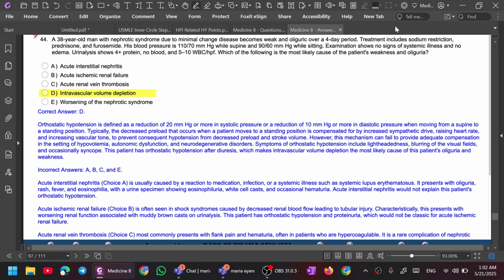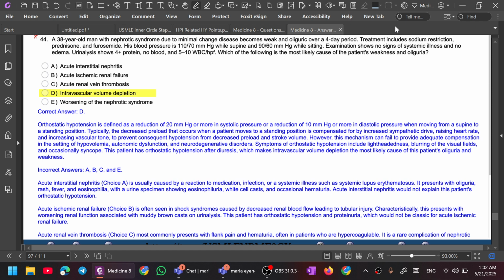It's intravascular volume depletion. Orthostatic hypotension is defined as a reduction of 20 or more in systolic BP or a reduction of 10 or more in diastolic BP when moving from a supine to a standing position. Typically, the decreased preload that occurs when a patient moves to a standing position is compensated by increased sympathetic drive, raising heart rate and increasing vascular tone to prevent hypotension from decreased preload and stroke volume.